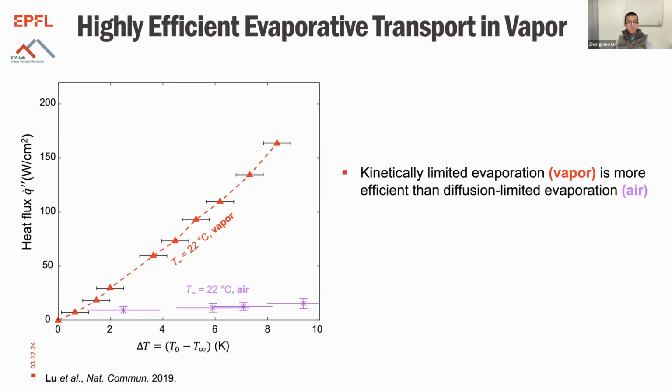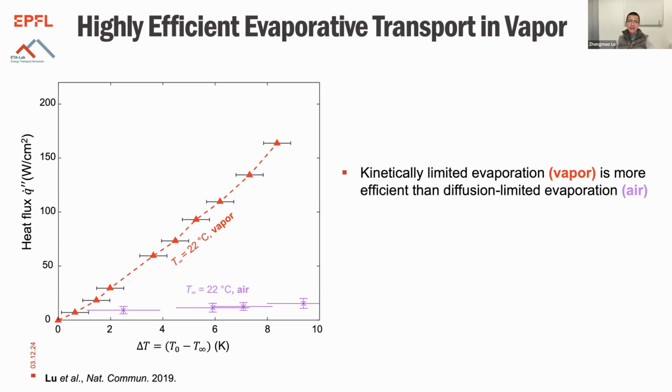The purple data points are from our experiments in ambient air, where you expect evaporation to be diffusion limited. The vapor generated from the interface has to diffuse through the air molecules. The red data points are from the pure vapor ambient, where we assume the evaporation is kinetically limited.